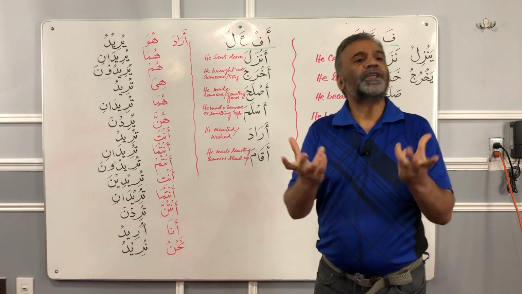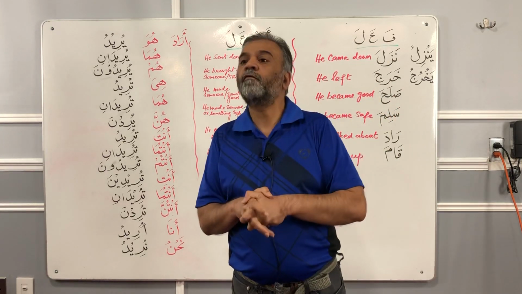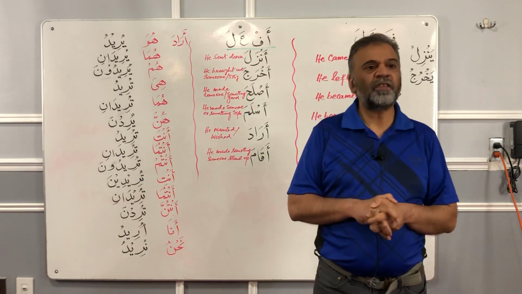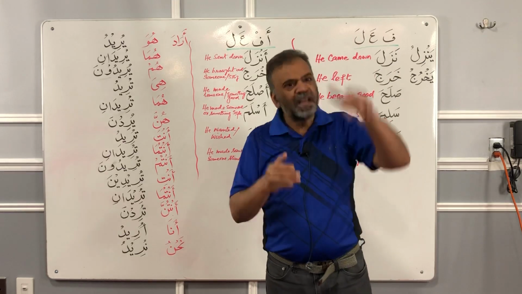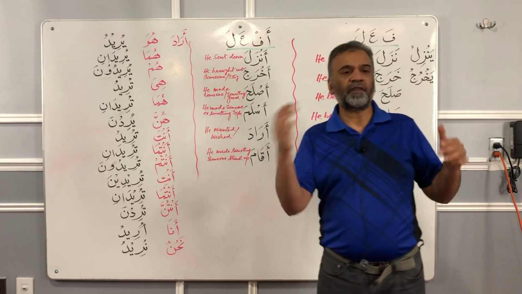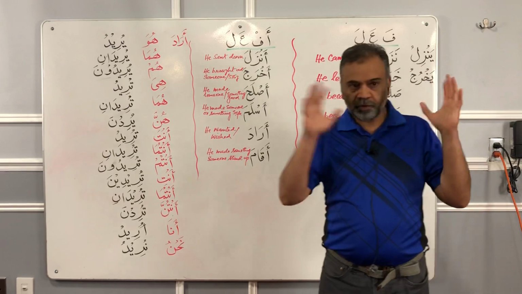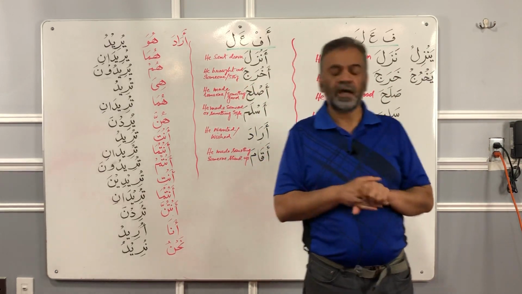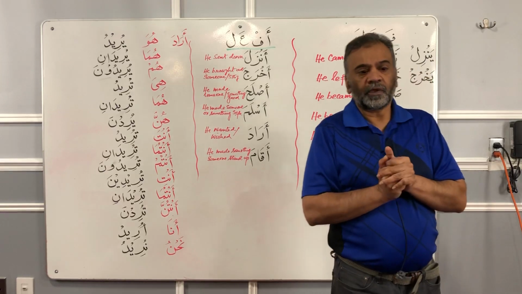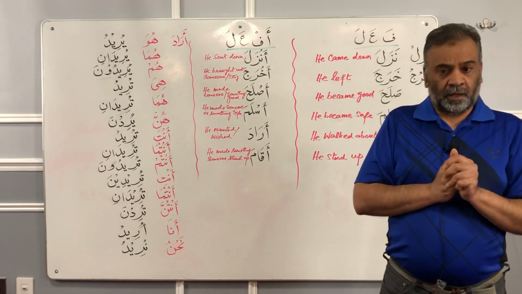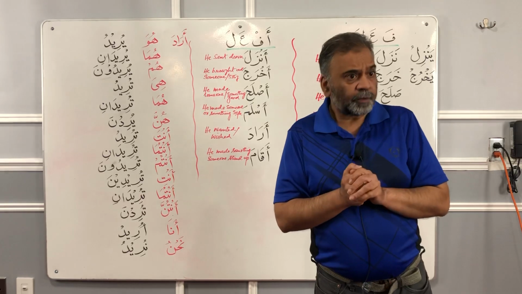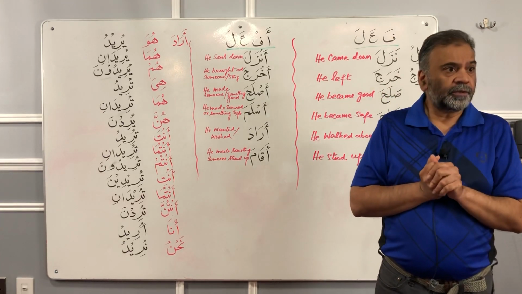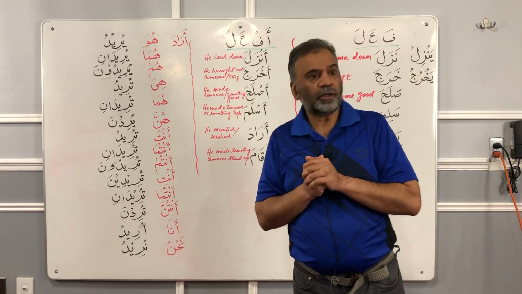Now, what's so special about form 4, right? Let's talk about some of the attributes. There are many attributes, and I'm not going into too much, just two or three main differences. We know transitive verbs and non-transitive verbs, right? Mutaddi verbs and ghair mutaddi verbs.